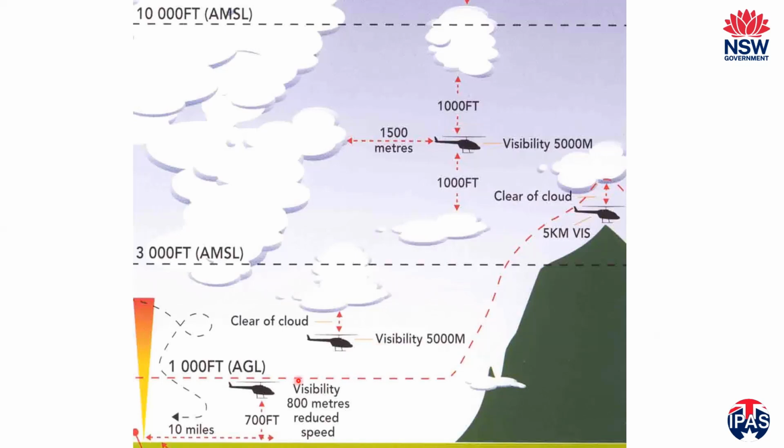Is it CAVOK? CAVOK is a little bit different. CAVOK stands for ceiling and visibility okay, and indicates that you have clearance of cloud to a certain altitude. Whereas here, this is what's called VMC, visual meteorological conditions. You can actually fly with your rotors in cloud, provided the cockpit is out of cloud, and that is still legal.